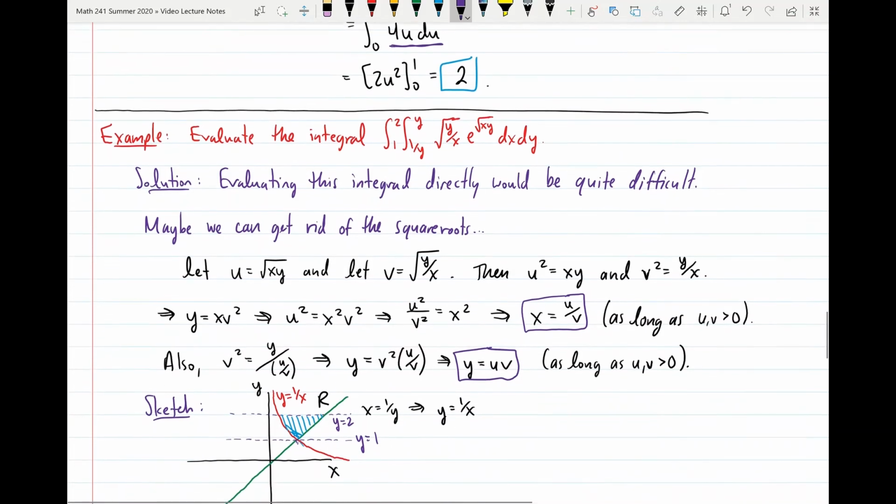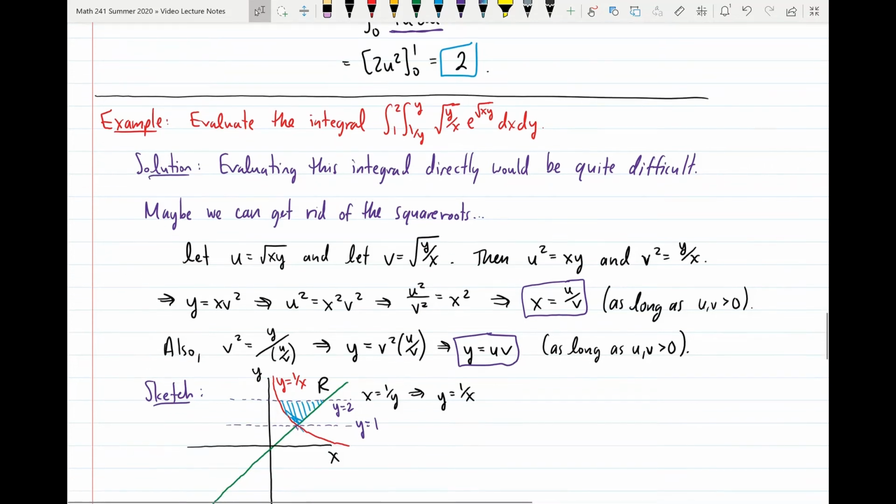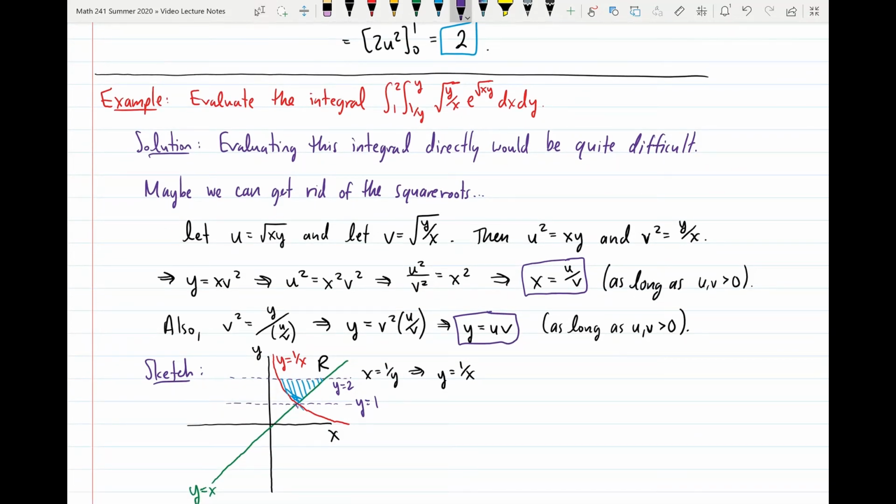But maybe we can use a transformation and get rid of the square roots that are showing up inside of the integral and make this thing look a little bit nicer. So we can let u equal the square root of xy, and we can let v equal the square root of y divided by x, and this will actually define for us some transformations between the uv plane and the xy plane.